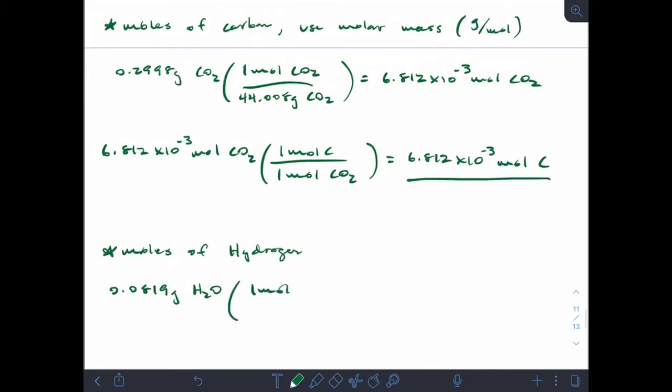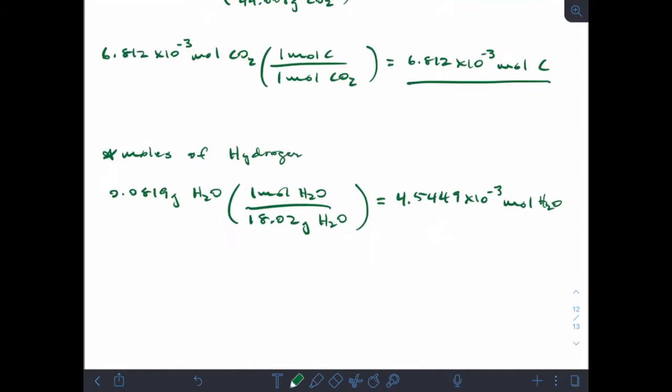So 1 mole of H2O is 18.02 grams. Okay, anytime I need to go between grams and moles, I can use molar mass as my conversion factor. So I find that I have 4.5449 times 10 to the minus 3 moles of H2O.